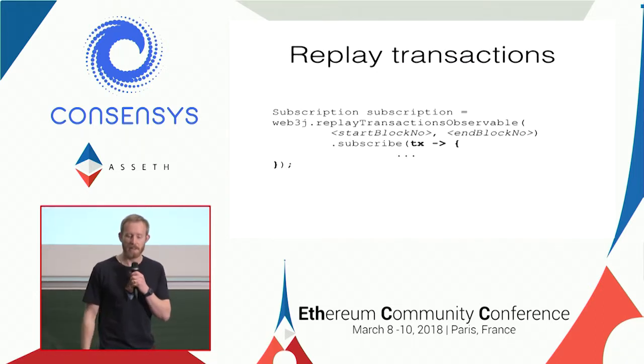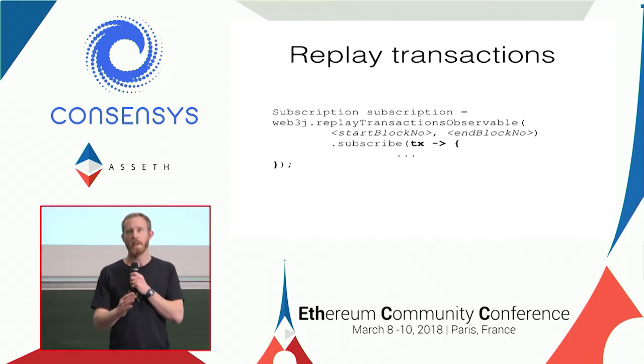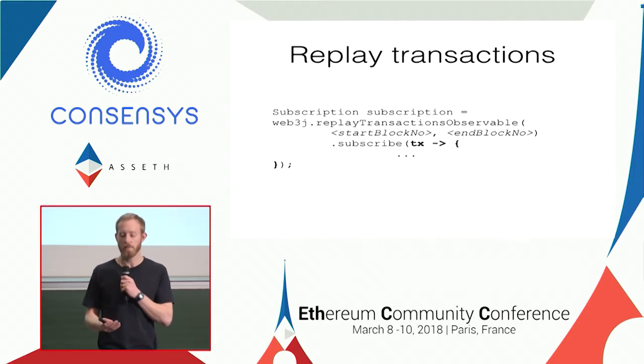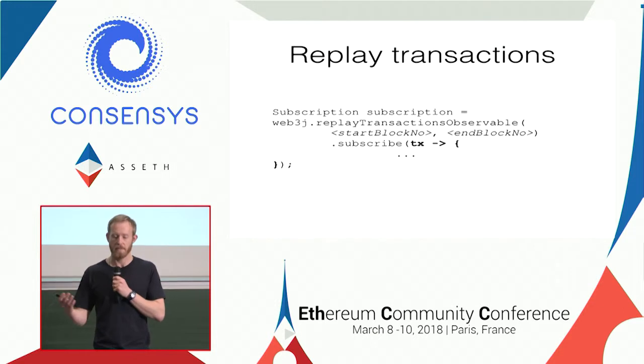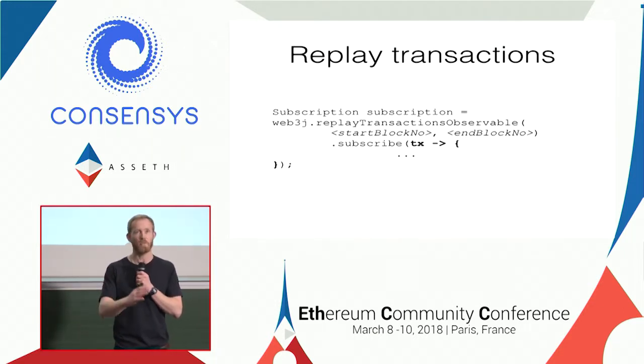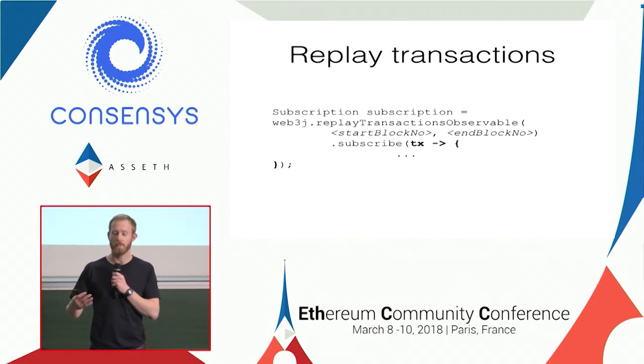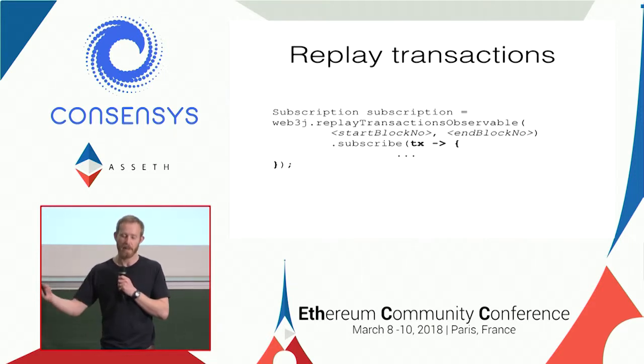We can also replay transactions. If you want to replay a range of transactions in Ethereum, it's just a single statement here, where you say replay transactions observable, say what range you want to work with, and then pass in your function that you want to act on every single block as they get replayed through the history.